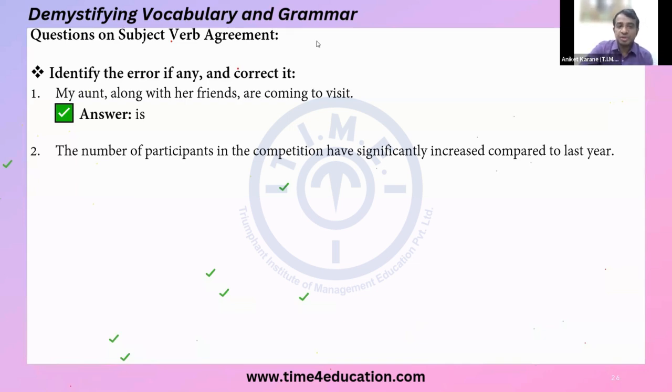Yes, everyone. Very good. So those who have answered, you have got it right. So the question was number of participants. So the subject was not participants, it was number of. It was number of, right? And because number of participants, number is my subject, which is singular, my answer should be have converting to has.